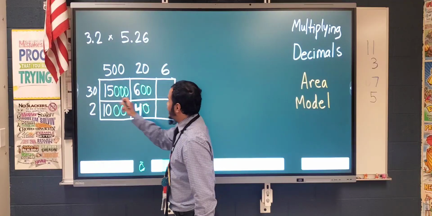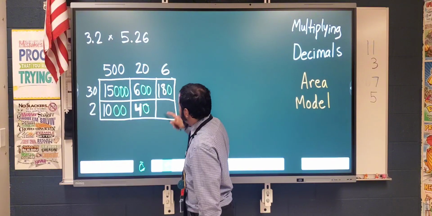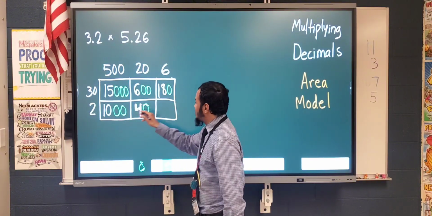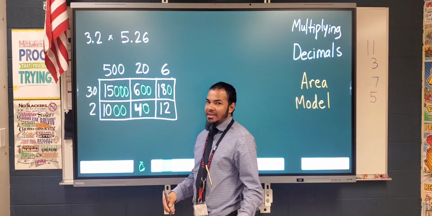Then we have 30 times 6, which is basically 18 with 1 zero. And then 2 times 6, which is 12, and that one doesn't have any zeros.